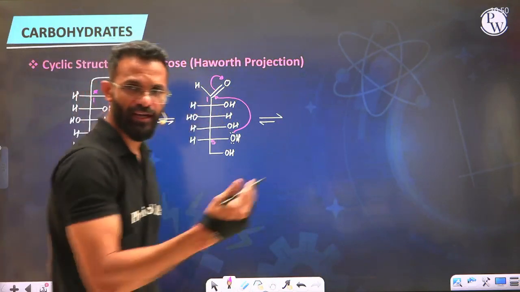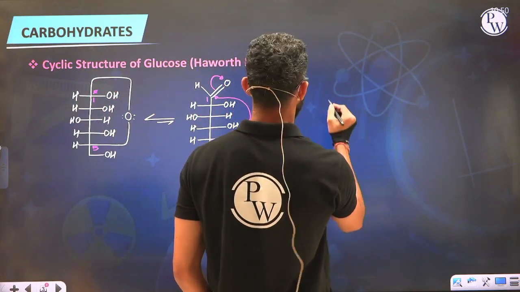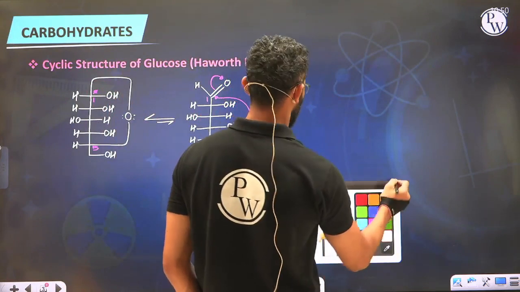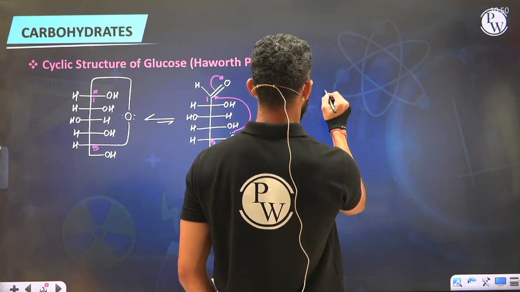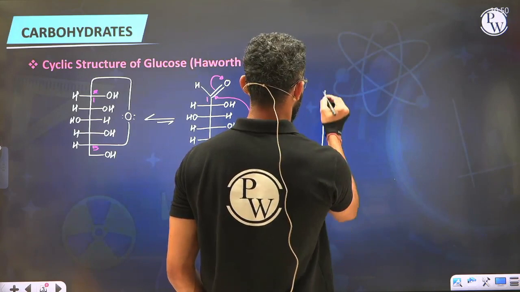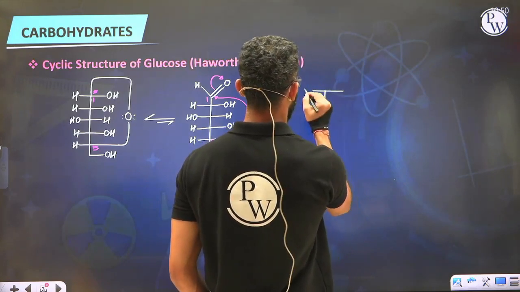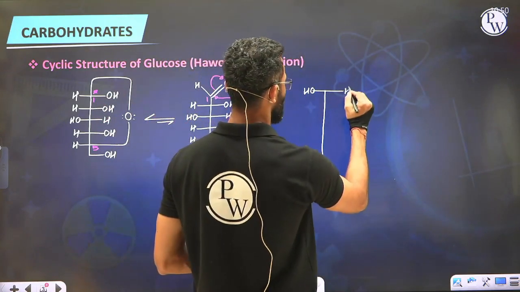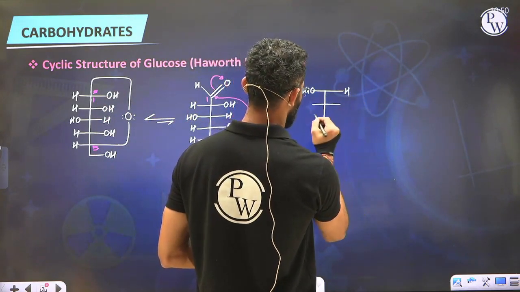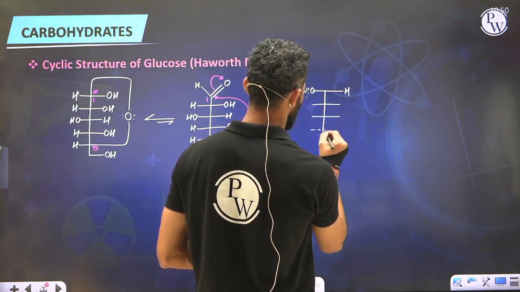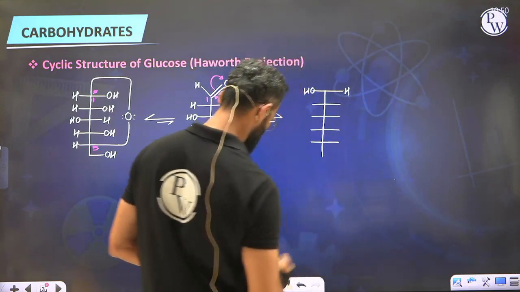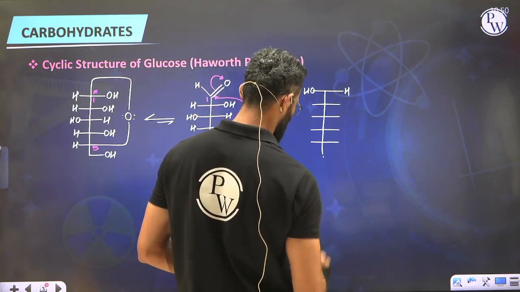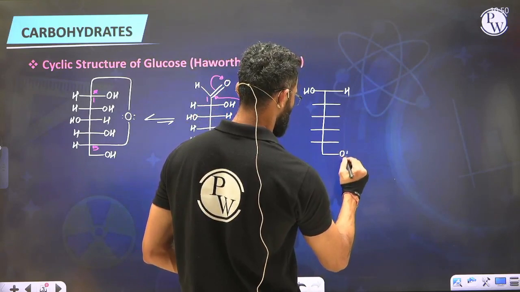So let me first draw and then we'll explain all. So here. So let's say this is that newly formed chiral carbon. See, OH I'm putting to the left. Here we put it to the right. Now I'm putting it to the left. Second, third, fourth, fifth, and this is the 6th carbon atom, CH2OH.